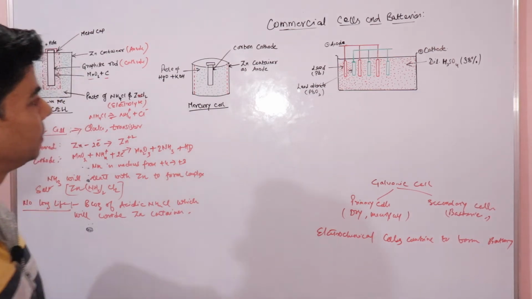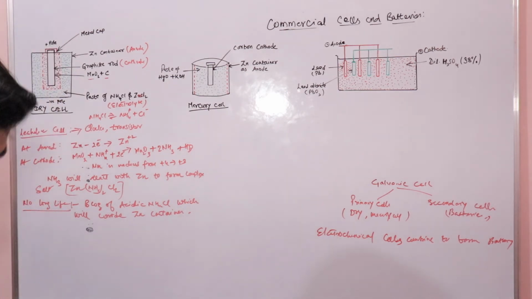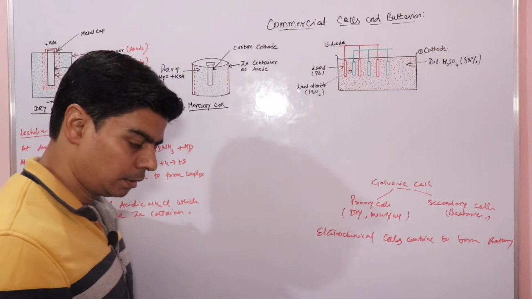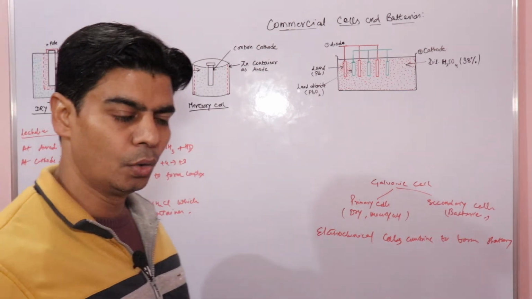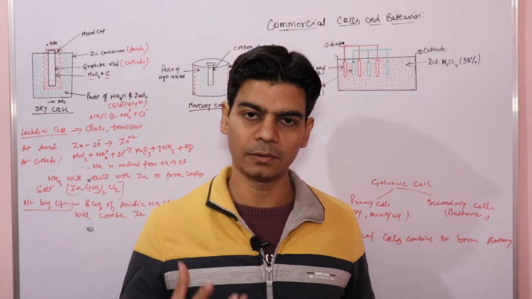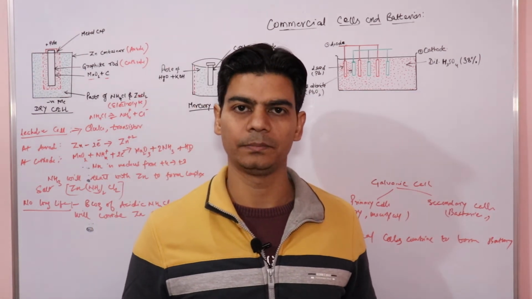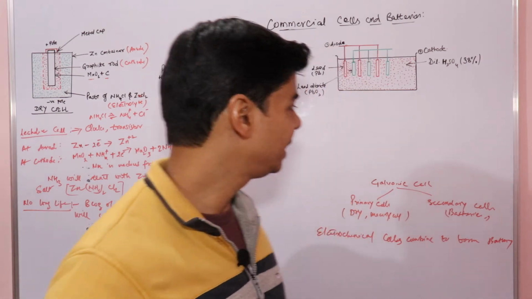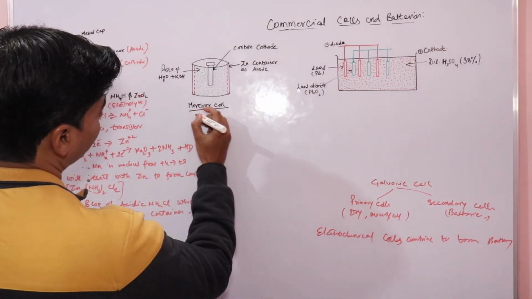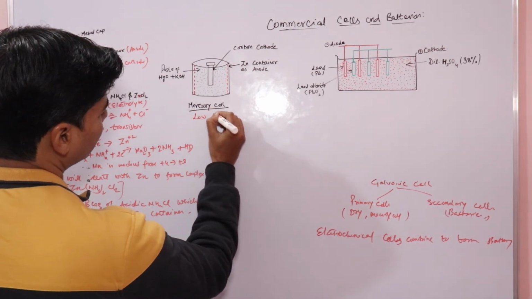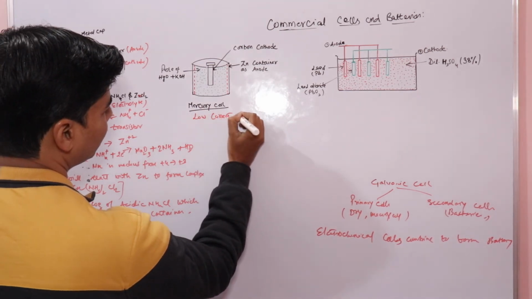Now let's look at another cell, which is your mercury cell. This cell is used in low current devices where low current is needed. You have it in hearing aids, in clocks. So this is used in low current devices.